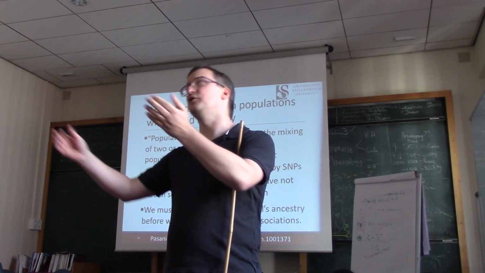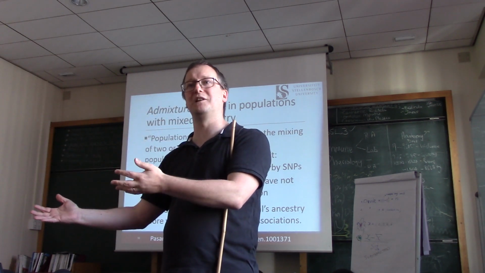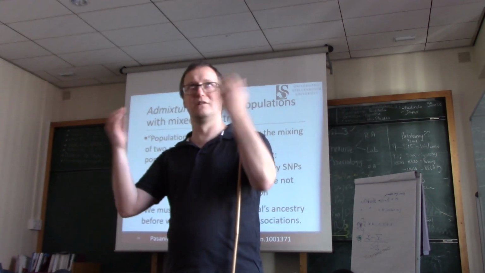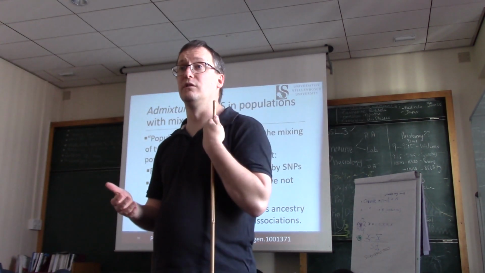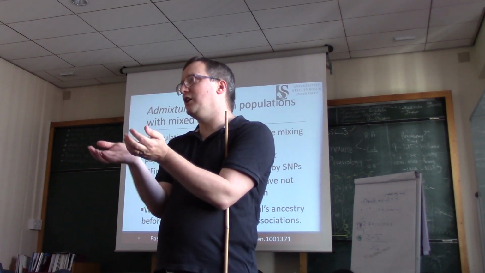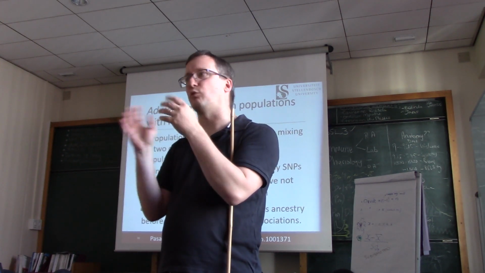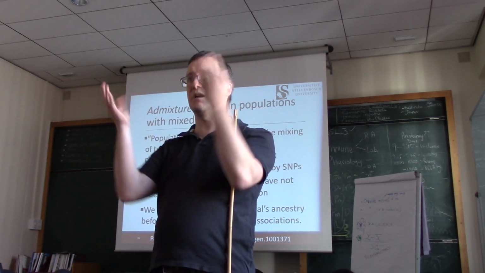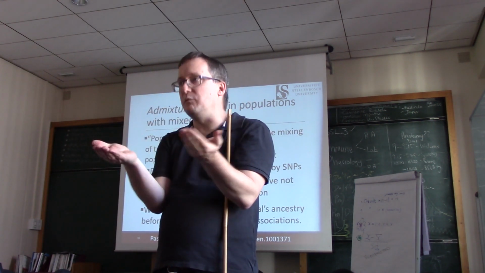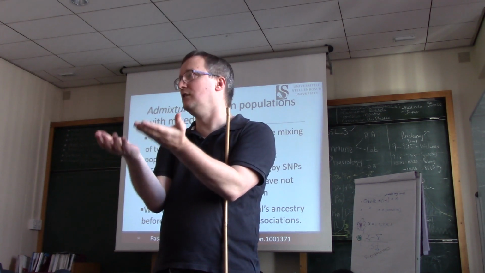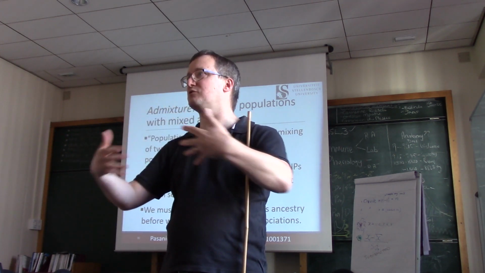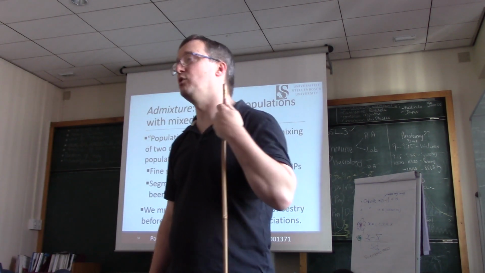And if all the GWAS studies are performed in the white population, how much you can extrapolate from there to the African American community was basically unknown. But in the African American population, there's a huge variety of African populations that have led to the black part of their ancestry, and frequently you have some amount of white ancestry mixed in alongside that. So being able to untangle those roots is quite important.